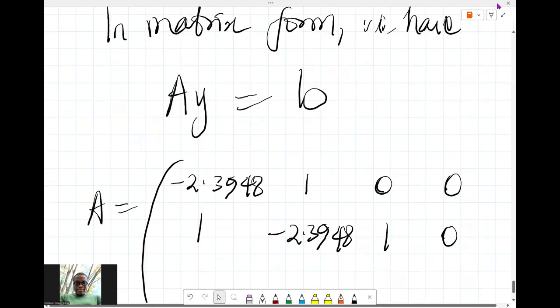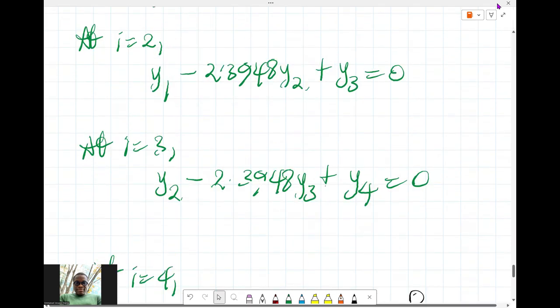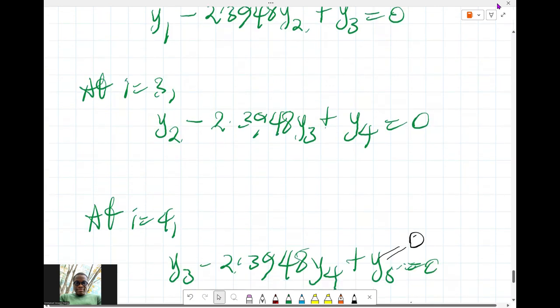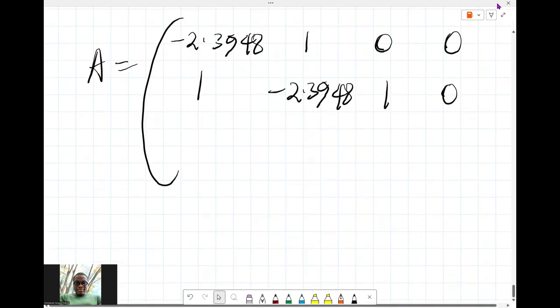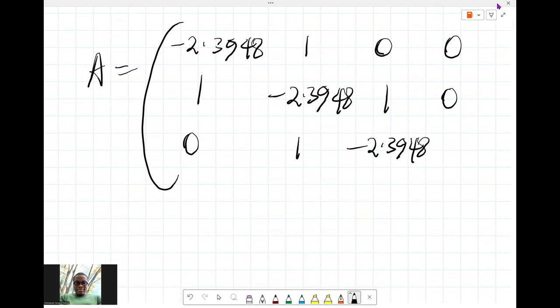Then we go for the third one, where I is 3. So we see that the coefficient of y2 is 1, the coefficient of y3 is minus 2.3948, and y4 is 1. So it means that y1 alone is going to be 0 in this situation. So we have 0 for y1, then 1 for y2, minus 2.3948, which happens to be the diagonal.